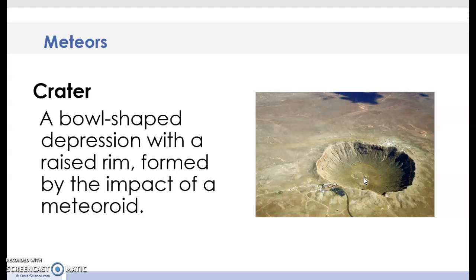So imagine, say there's a mud hole and you drop a rock in the mud hole, everything splashes out from the rock and leaves a little depression. That's exactly what happens here. However, the impact is much greater than what we would see with a rock in the mud, but it gives you an idea of how that actually happens and why it looks like it does.